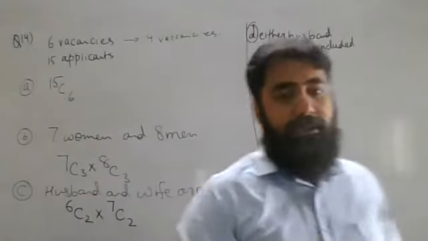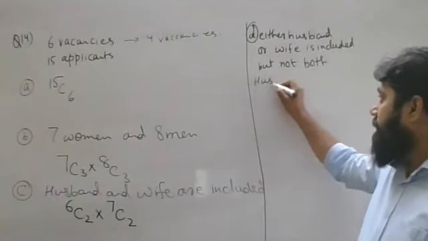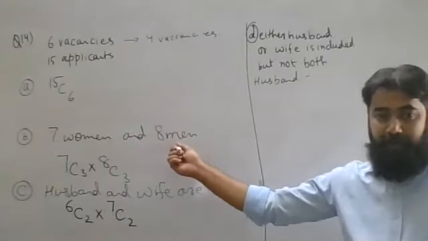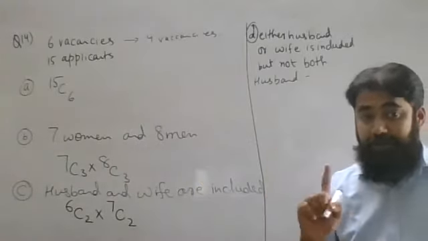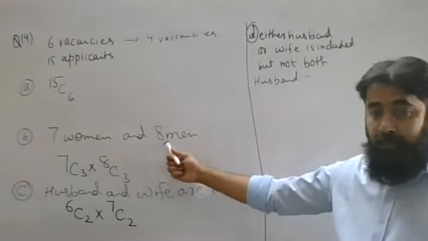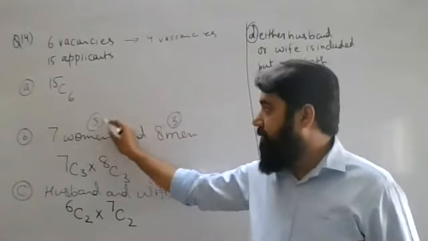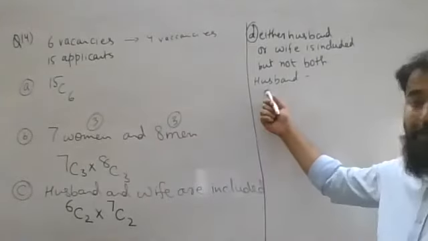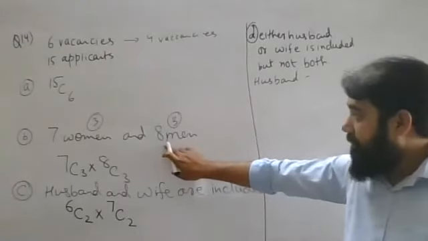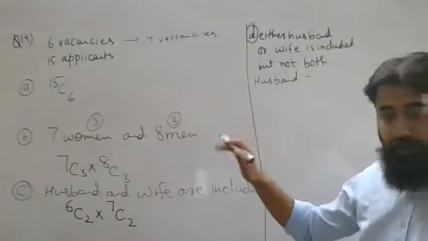For instance, I'm saying that first of all, husband is being selected. If husband is being selected out of 8 men, it means wife will not be selected. 3 vacancies were there for men and 3 vacancies were there for women. Husband is already selected, so out of 8 men, 1 is already selected, so 1 vacancy is already gone.